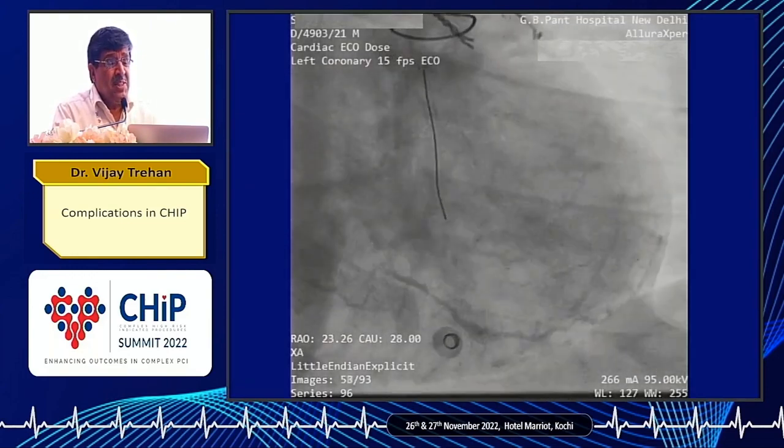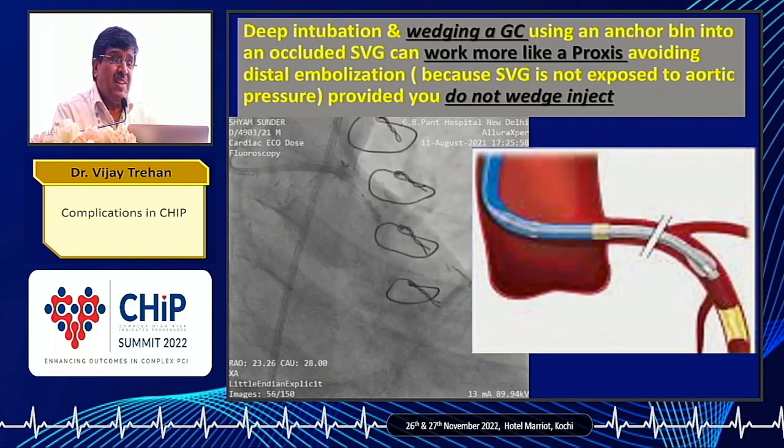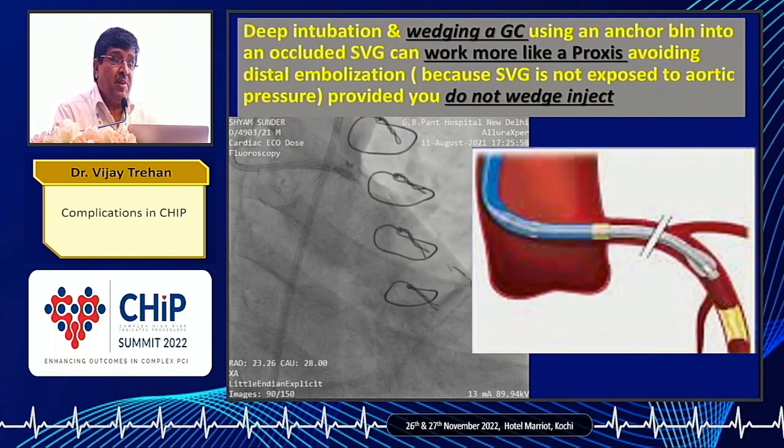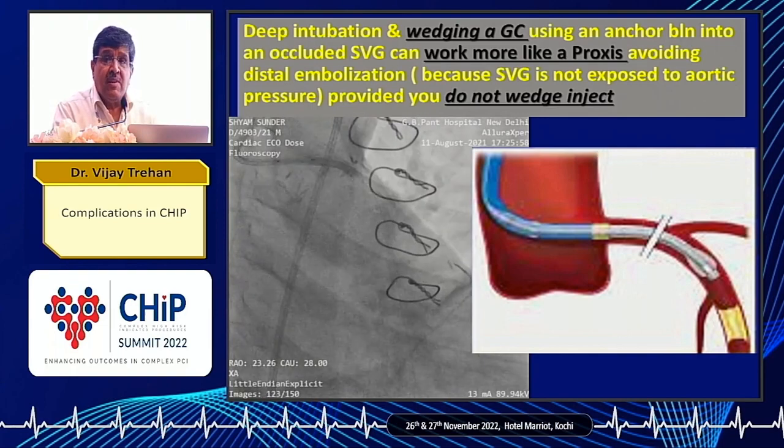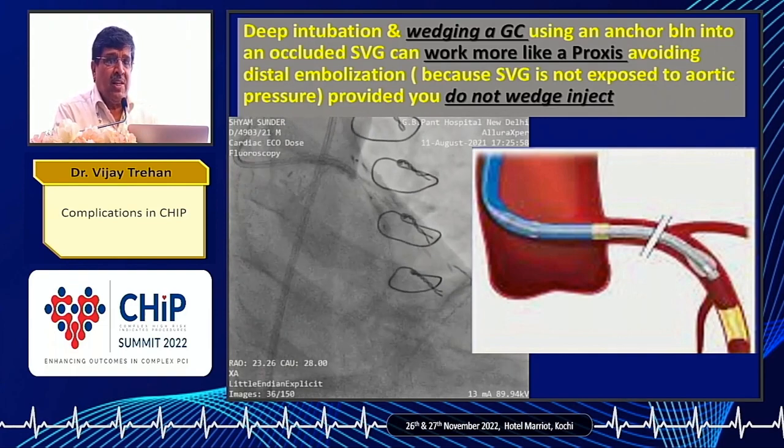So with this kind of result, I think my conclusion is that a deep intubation of the guiding, in the form of wedging of a guide, which works more like a proxy, provided we do not wedge inject, we are able to take care of distal as well as proximal embolization.